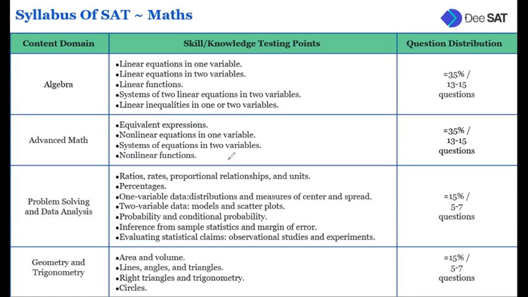It majorly covers the parabola section, which is the graphical version of a quadratic equation. So the quadratic function as a whole is a major part where parabola and its things will be there. That is the overall advanced math section, which again comprises 35% of the exam, and 13 to 15 questions out of 44 are expected.